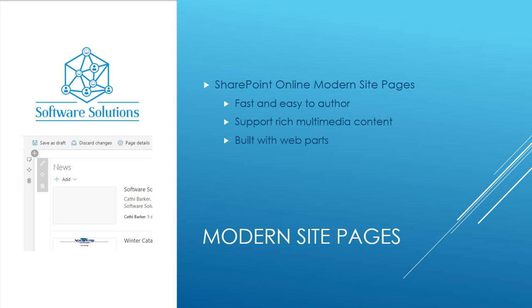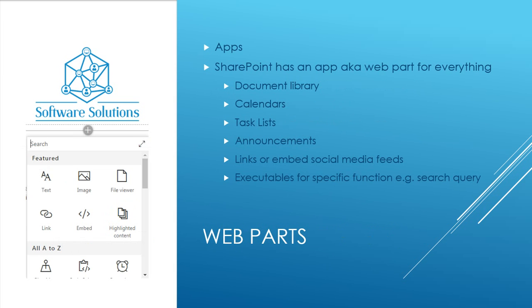So what are web parts? Web parts are very much like apps on your phone. There are a variety of web parts that come with SharePoint, but there's also third-party web parts. So there's a huge variety of SharePoint apps or web parts, and these include things such as document libraries, they're a web part.